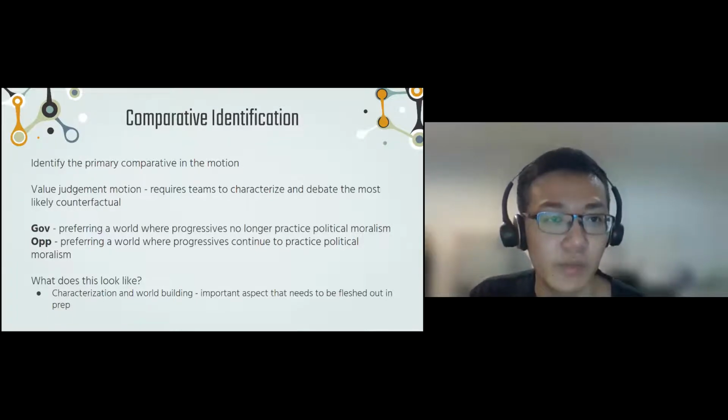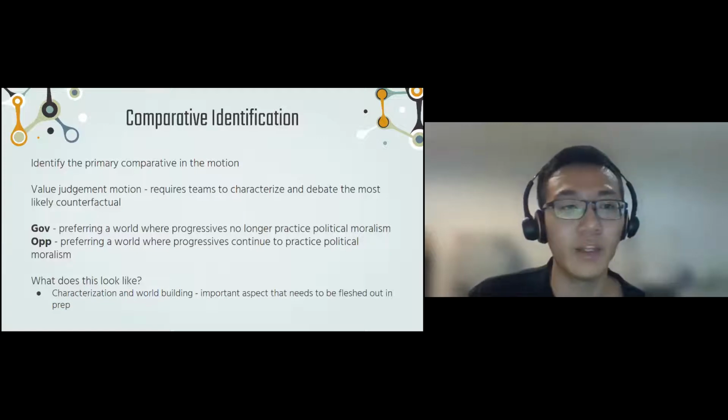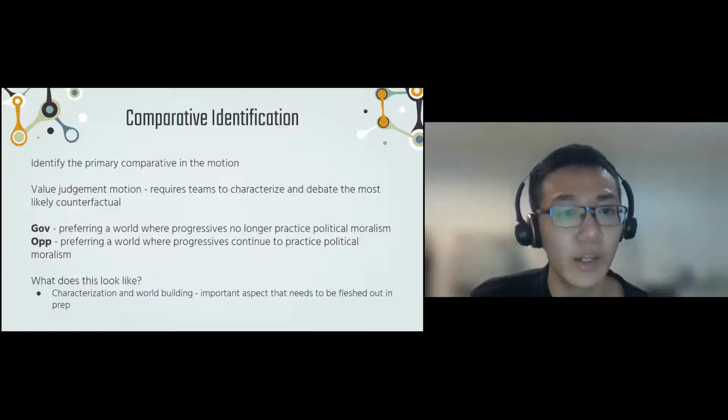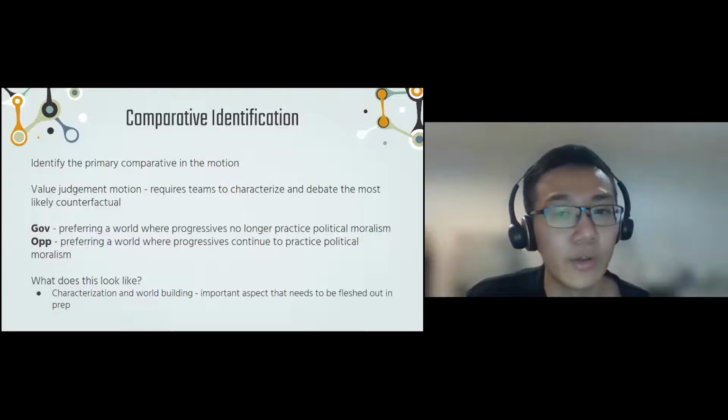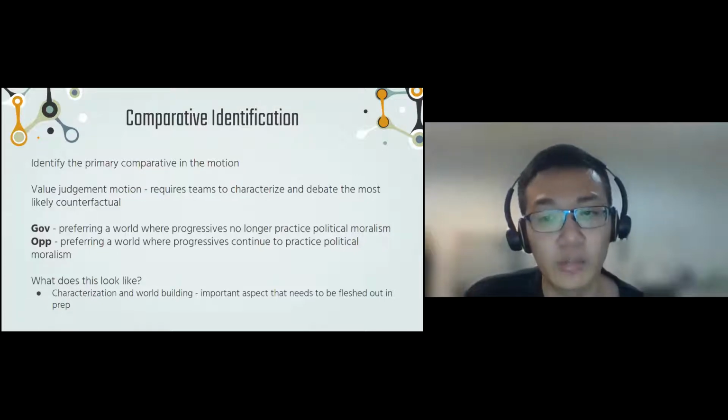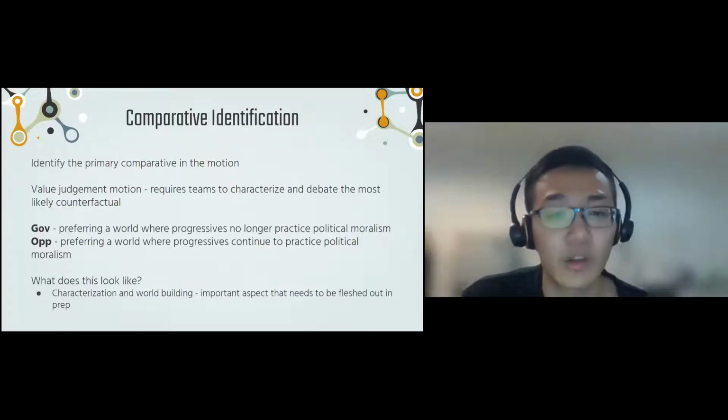This is a value judgment motion. It's a supports motion, which requires teams to characterize and debate the most likely counterfactual in the debate, right? So government would probably prefer a world where progressives no longer practice political moralism. The opposition prefers a world where progressives continue to practice political moralism.